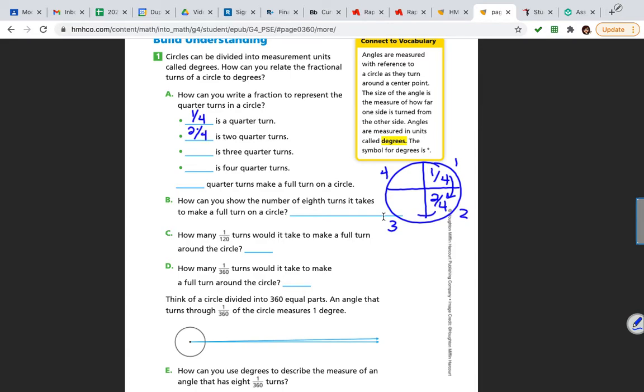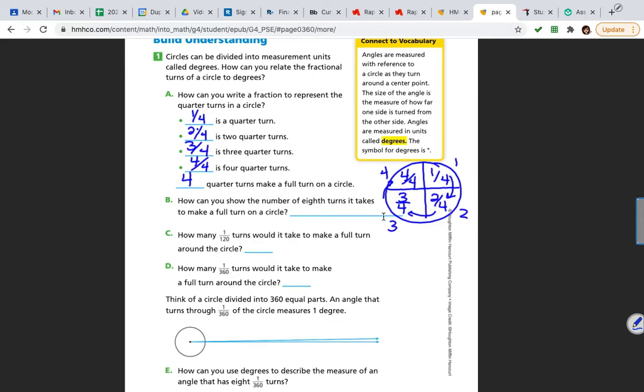Third quarter turns, we go to the next one, that would be 3 fourths. So 3 fourths, and we turn again, this would be 4 fourths. So 4 fourths, that's 4/4. So it would take 4 quarter turns to make a full circle. 4 quarter turns to make a full turn on a circle.